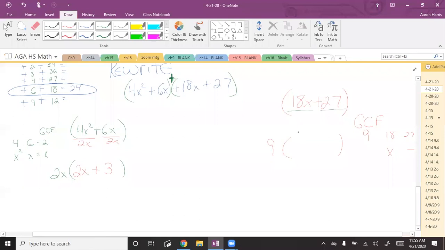You put it outside the parentheses and then divide. So what's 18 divided by 9? 2x. And then plus 3. So now I have 2x times 2x plus 3 plus 9 times x plus 3.